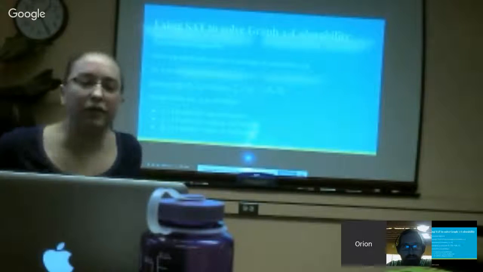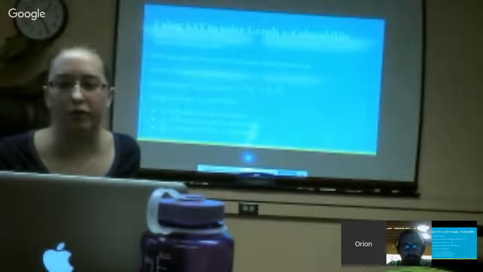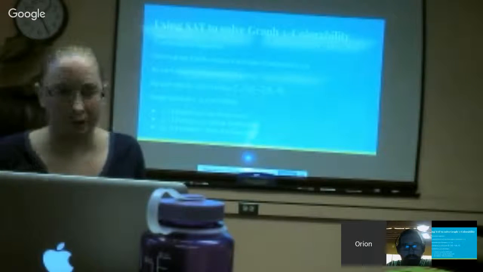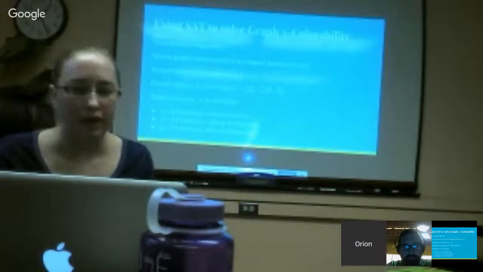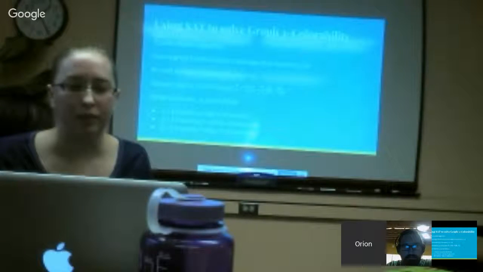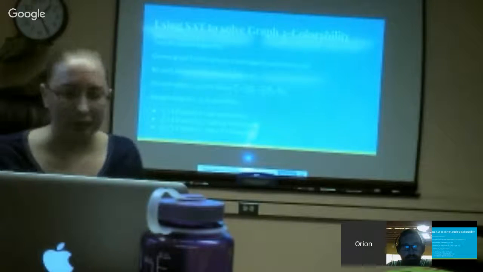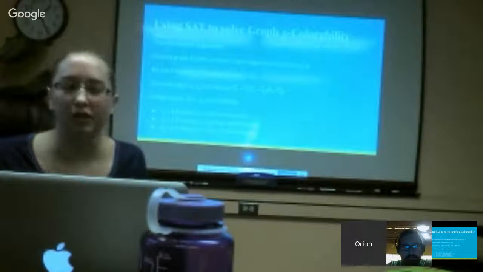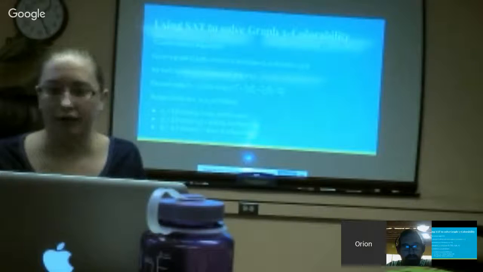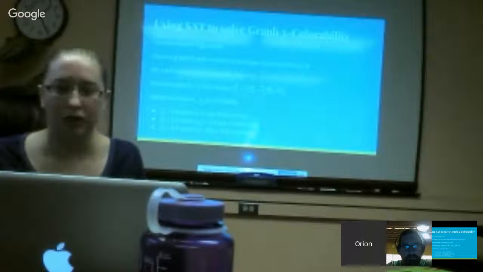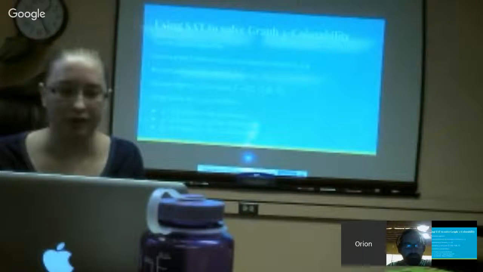So this is important because we can use SAT to solve graph 3-colorability. We can make that transformation, and we'll get into why that's important a little bit later on. Given a graph with vertices V and edges E and the colors red, yellow, and blue, for each vertex in the graph, we're going to output R or Y or B. And then for each edge, we're going to output not R_i or R_j.